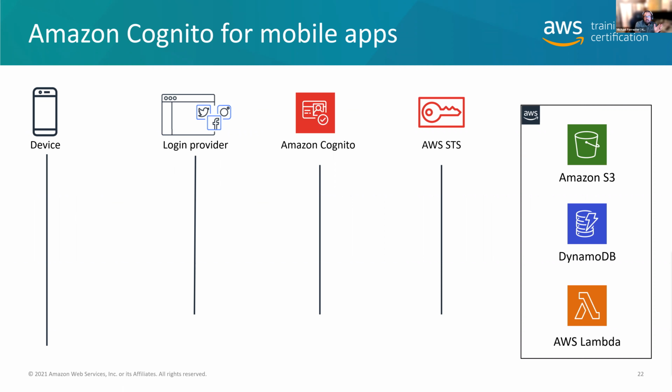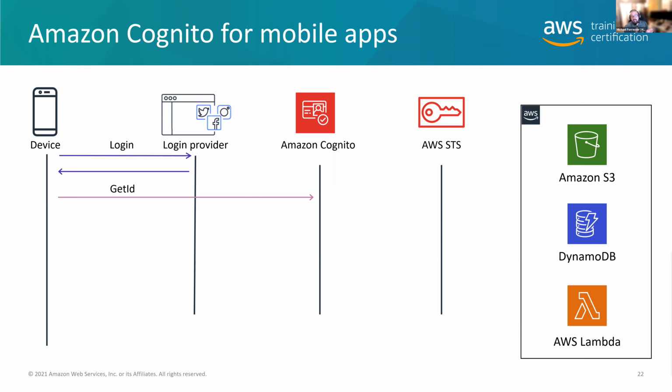A user who's authenticating here will actually hit their login provider first. Let's say it's Twitter or Twitch. They'll get back some authentication information like a token, right? Then they'll go over and kick out a GetId API call first to establish a new identity with Cognito.